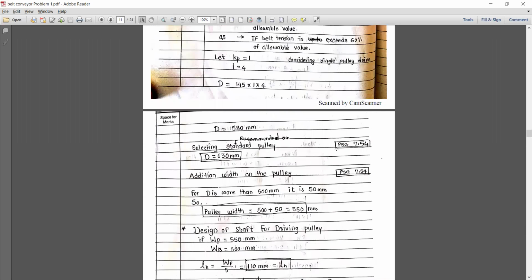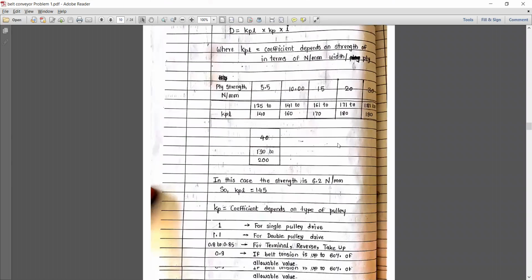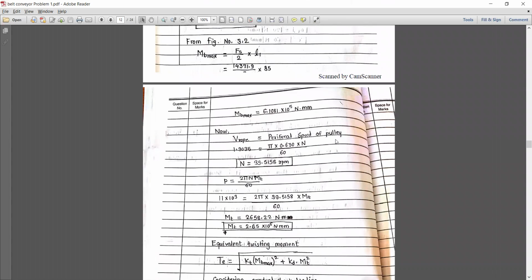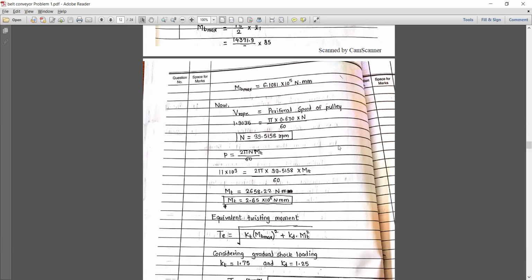As we have already seen in this figure, the loading conditions, what we get, the maximum bending is equal to Fs divided by 2 into L2. Putting the value of L2, that is 85, and Fs is equal to 14.37 kilonewton, the maximum bending moment is equal to 6.1 into 10 raised to 5 Newton mm.